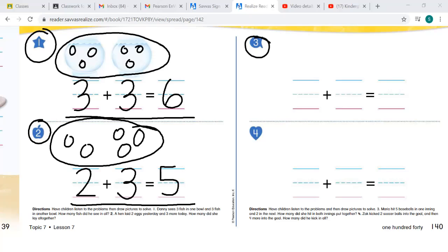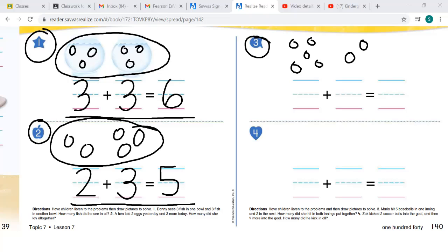All right, let's look at number 3 here. You're going to listen again and you're going to draw pictures to solve. Hiba hit 5 baseballs in the first inning and then she hit 2 baseballs in the next.